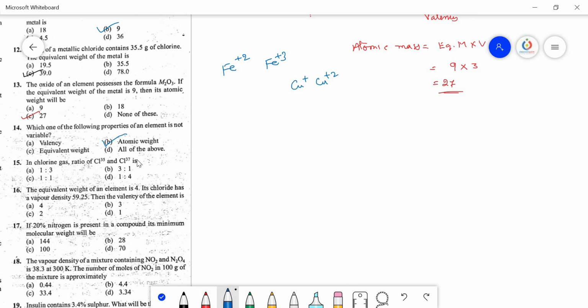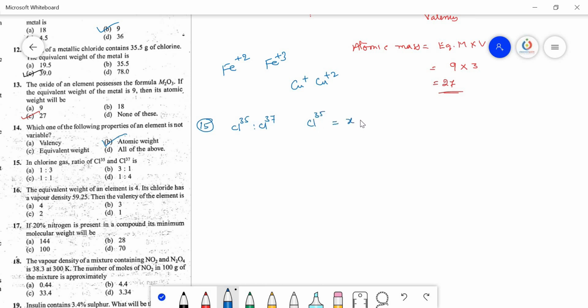Now let us see question number 15. In chlorine gas, the ratio of Cl35 and Cl37 is? Let us see chlorine 35. We don't know what percentage of chlorine 35 is present.